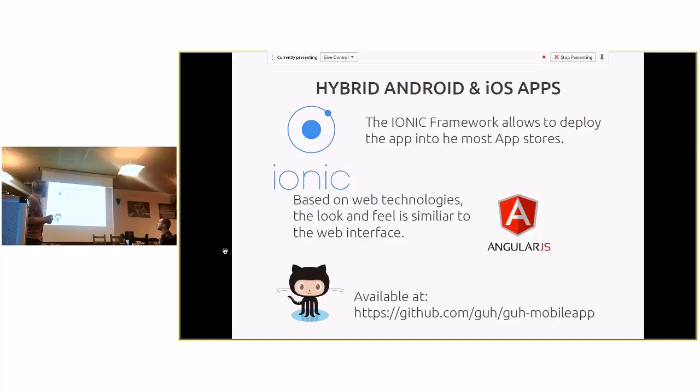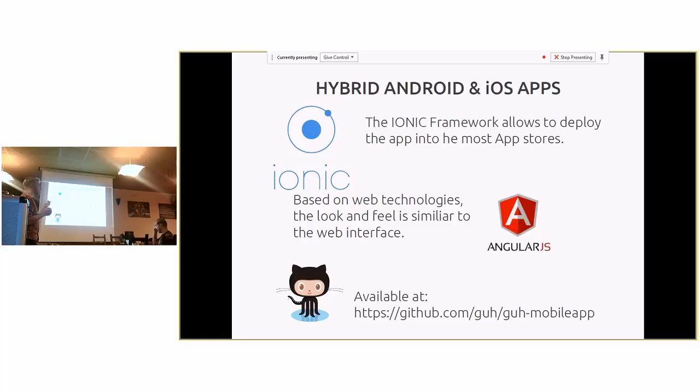This is how the apps are built. We use the Ionic framework. So we program it once and deploy it for every app store. We're using web technologies like AngularJS. We use mostly the soft parts from the web interface, including into the Ionic framework.